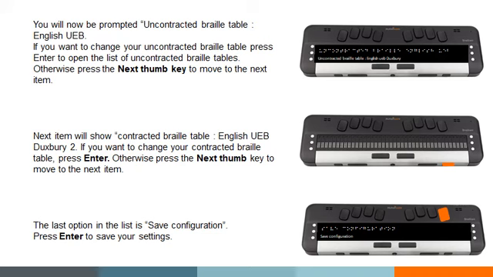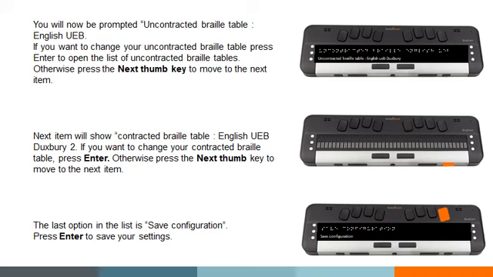I'm going to press my next thumb key again though and find my contracted Braille table option. And again, this is set to UEB Duxbury grade 2. If I want to change this, I can press enter, and I will be placed in a list of contracted Braille tables, locating the one I want, pressing enter on it, and then that will be set.